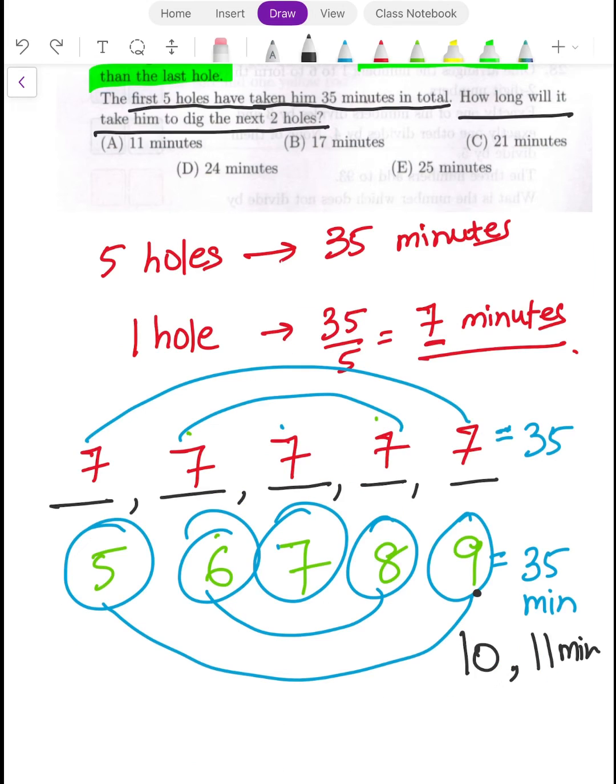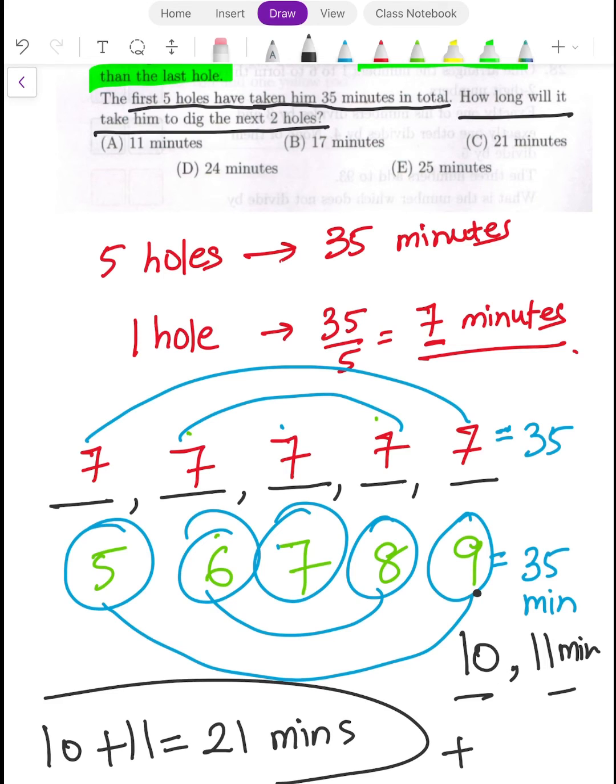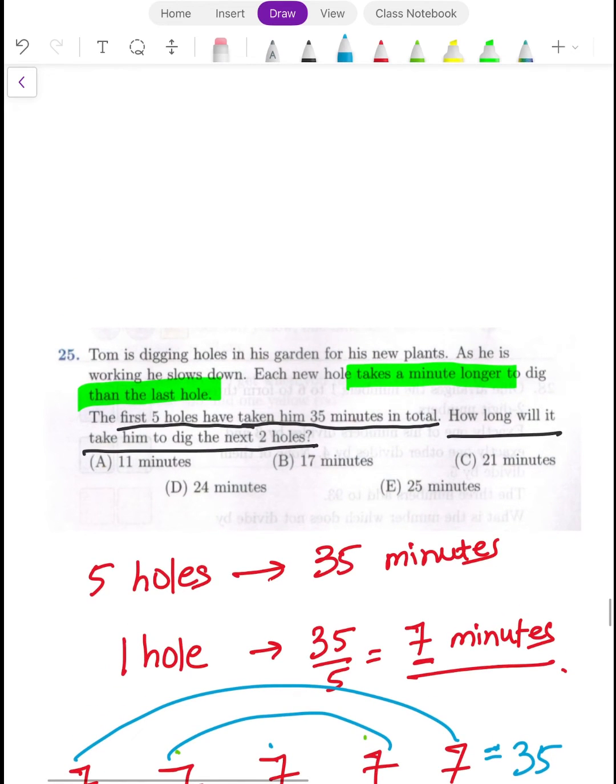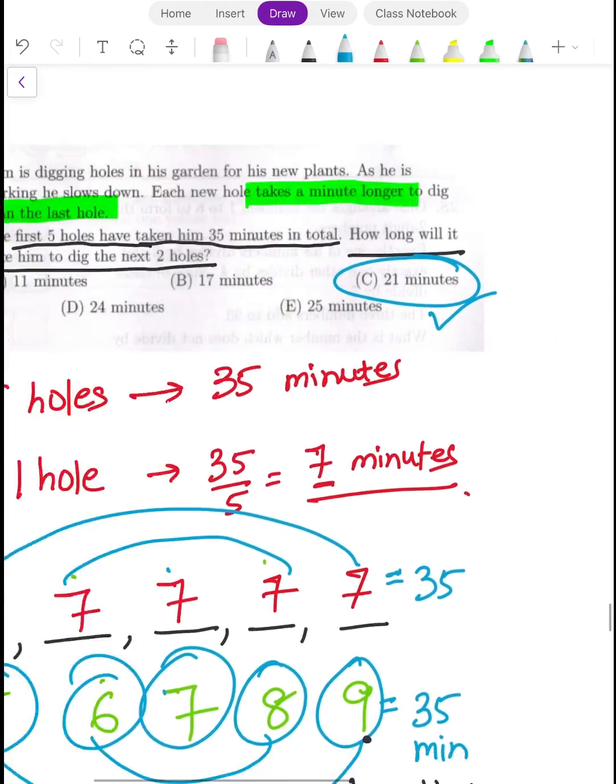And so the next 2 holes will take 10 and 11 minutes, and if you add 10 and 11, that will give you 21 minutes, and that is our answer. So the next 2 holes will take 21 minutes. So of course in the answer sheet, yes, so C, that is our answer for question number 25.